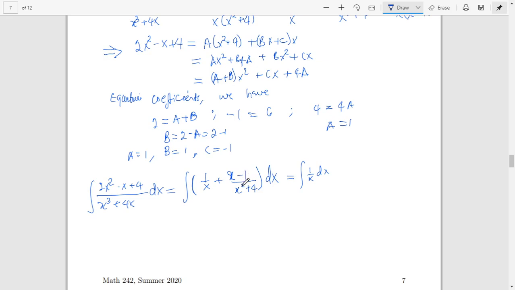This one here, I would like to split it into 2. It will be easier for me to split this into 2 to get x over s squared plus 4 minus the integral of 1 over s squared plus 4 dx here.